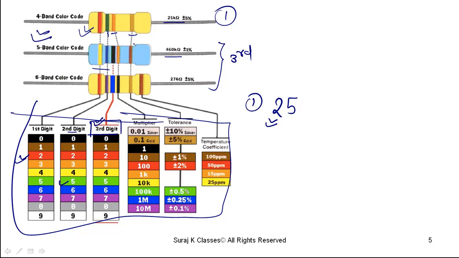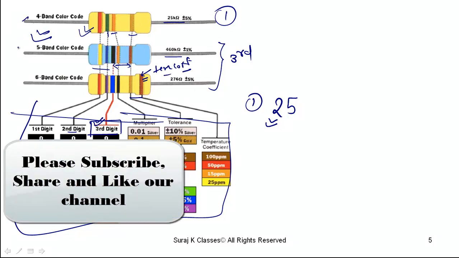See, in any resistor, whether it is 4 band, 5 band or 6 band, the last two color lines are always giving you the multiplier and tolerance. This case is actually exceptional. If this color band is coming, then it is for temperature coefficient, and that is not present on 4 and 5 band. So there is a differentiation between all these three.